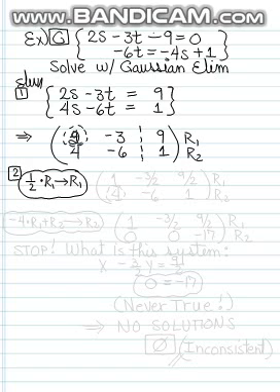The new row 1 will be, and you do the work on the side, I'm not going to show it, you can do it, 1, and then space, and then negative 3/2, and then space, and then 9/2. That's the result of 1/2 times row 1, replacing row 1. Now row 2 is unchanged. It's got a 4, a negative 6, and a 1. So there's my new row 1 and my row 2.